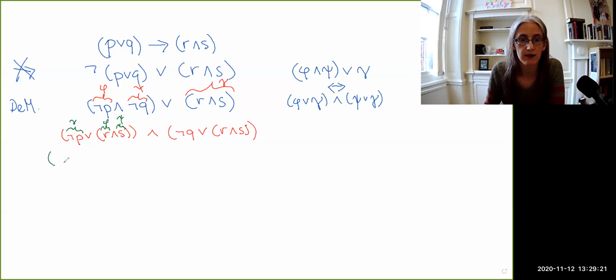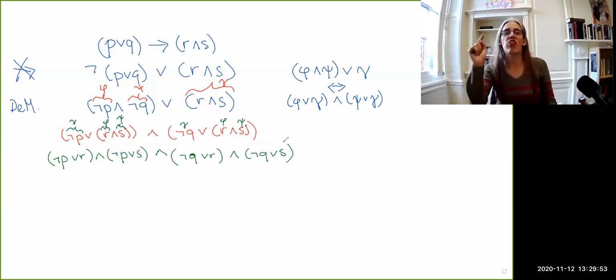So this side of the conjunction, we get not P or R, and then we also get not P or S. Now, looking over here at the other conjunct, it's very similar. So R is going to be our phi again, S is going to be our psi, not Q is going to be our gamma, and so we get not Q or R and not Q or S.